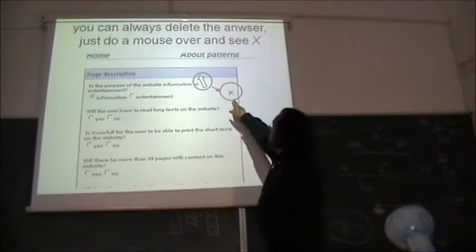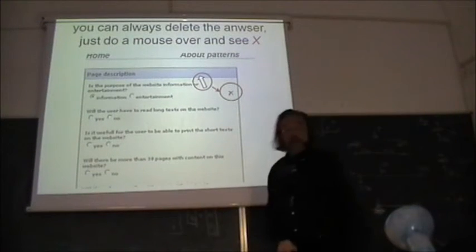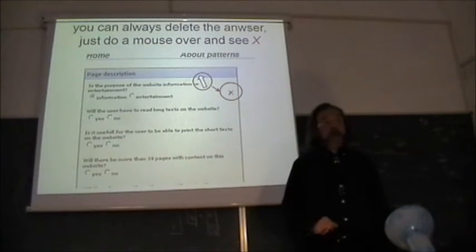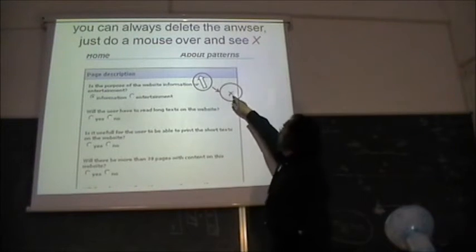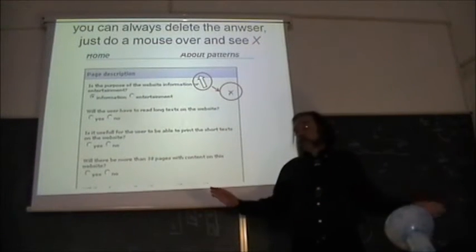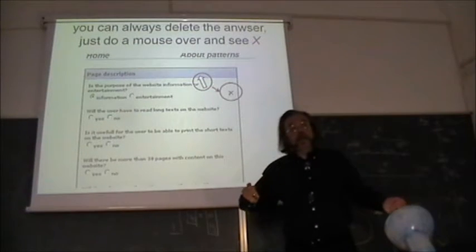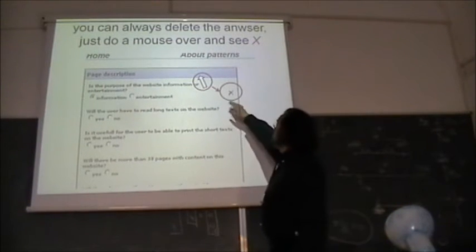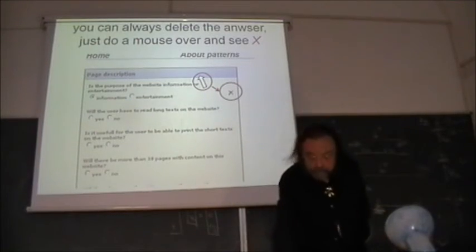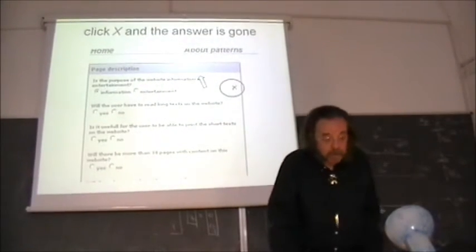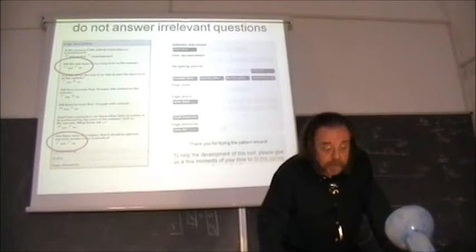If you mouse over, you now see this one. And if you think maybe it was not a good idea to make a choice, you click on the cross and your choice is gone. So you can explore and remove. Right? Just mouse over and click on this one and it's gone.